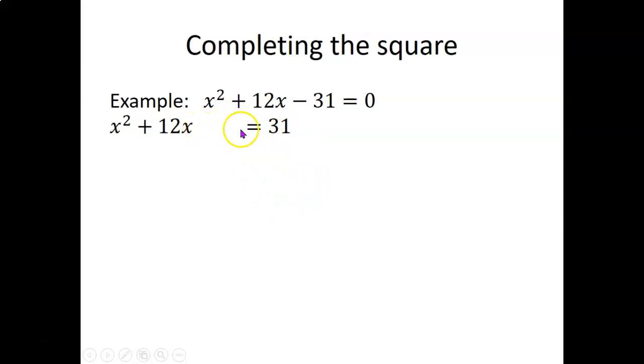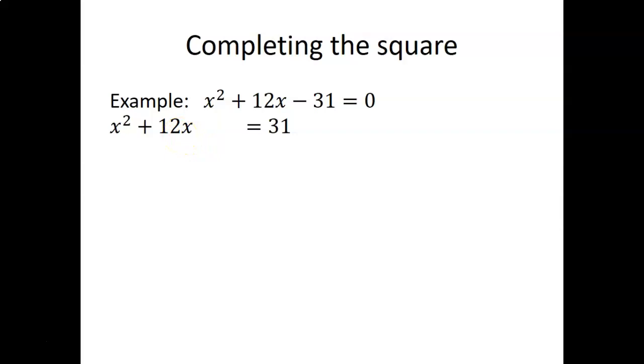Now think about what has to go in the space to make this a perfect square trinomial. Here's the trick. Look at the coefficient in front of the x, take half of that and square it. That's the magic number that you need to add onto both sides. So here when I look at that number, it's a 12.